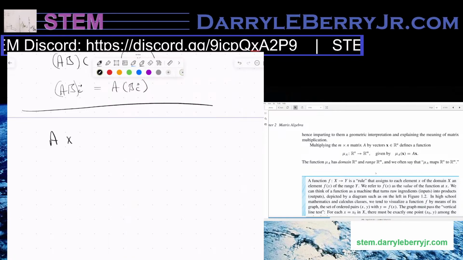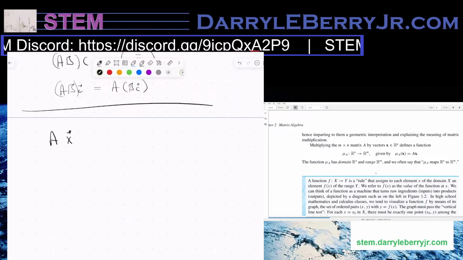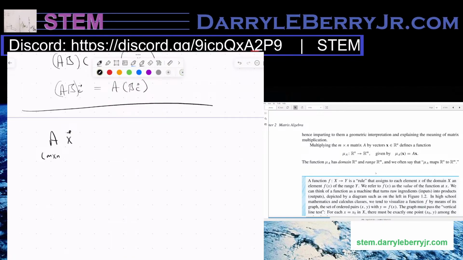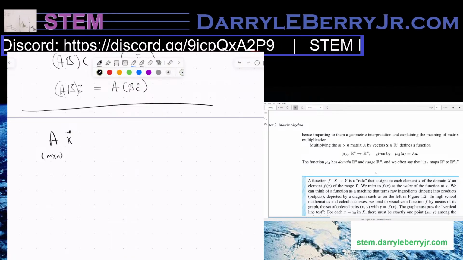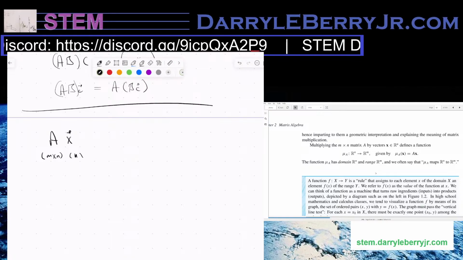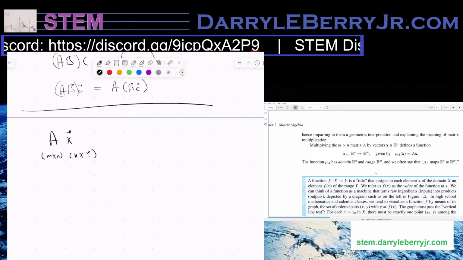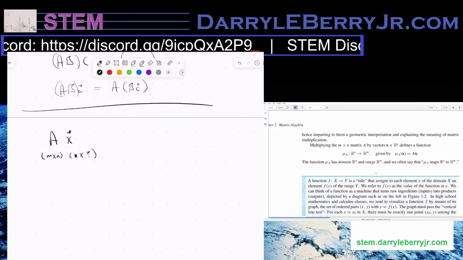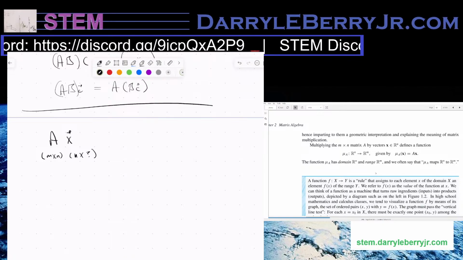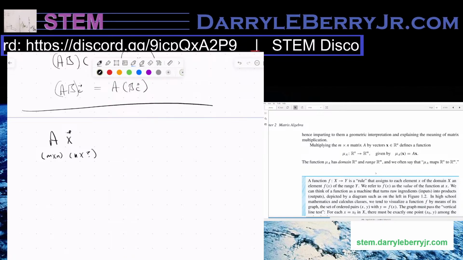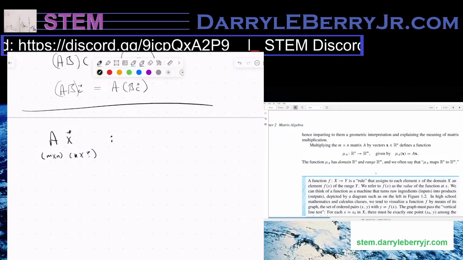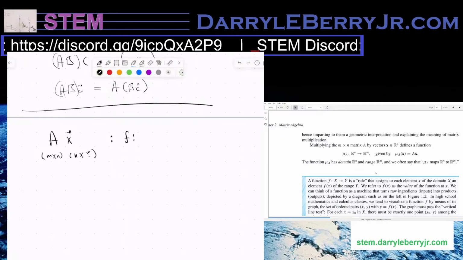So Ax, and A is an m by n, and n by whatever is in Rn. So that means that's the number of rows that vector has when it's written as a column vector. It's a function.